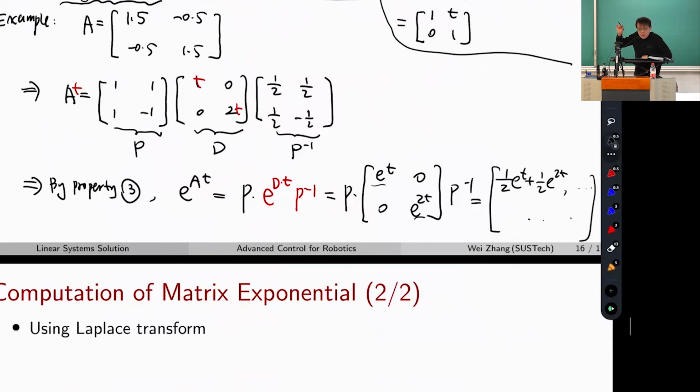These are called the modes of the response, and they depend on the eigenvalues. If an eigenvalue is bigger than 0, like this 2, this term will grow to infinity. If the real part of the eigenvalue is less than 0, it will be stable, and this term will eventually converge. That's why eigenvalues are important for characterizing the system response, because the response is just given by the matrix exponential.